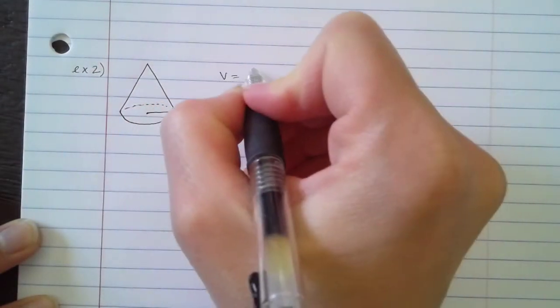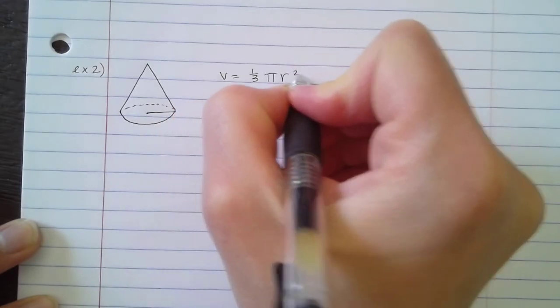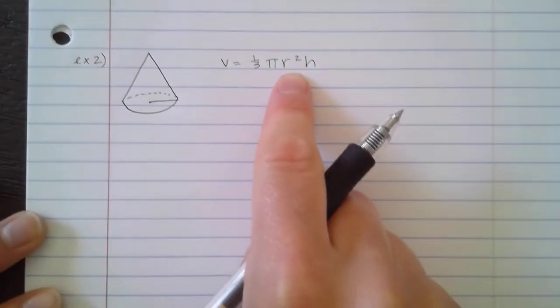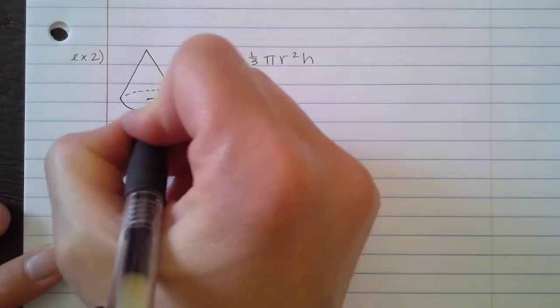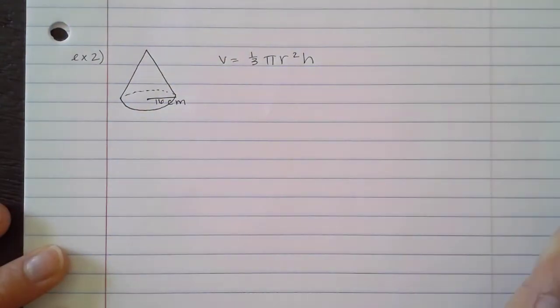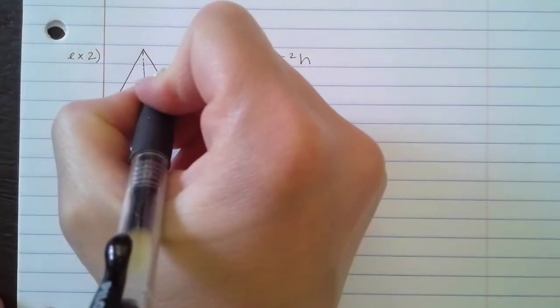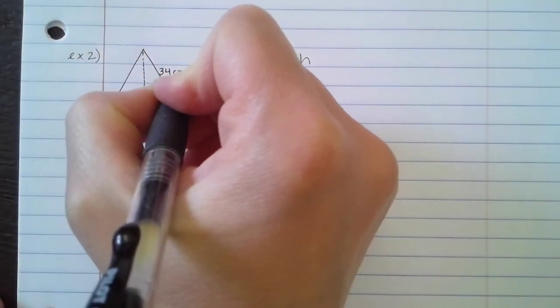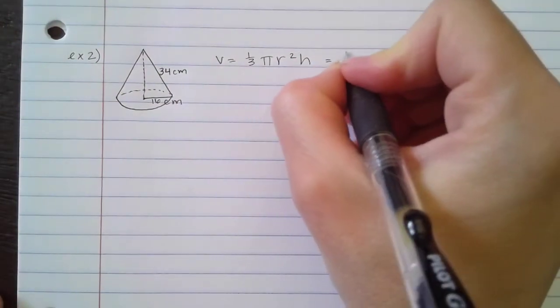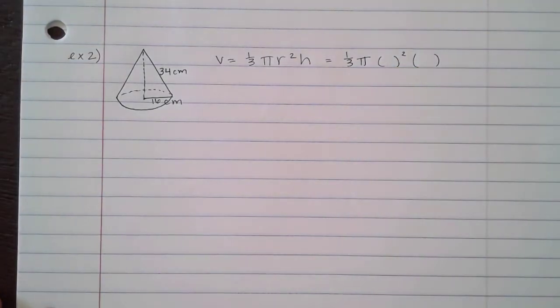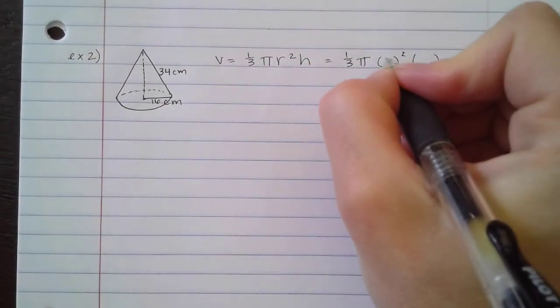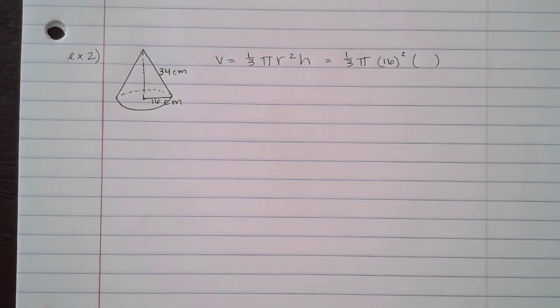Because my volume is 1/3 pi r squared h, or the area of the base, which happens to be a circle, so that's pi r squared. I need my radius. My radius is given to me. It's 16 centimeters. But I need the height. But I'm not going to give you the height. I'm giving you the slant height, which is 34 centimeters. So some of this is given to me, some of it is not, and we need to figure out how to get what's not given to me. My radius is 16, but my height is not.